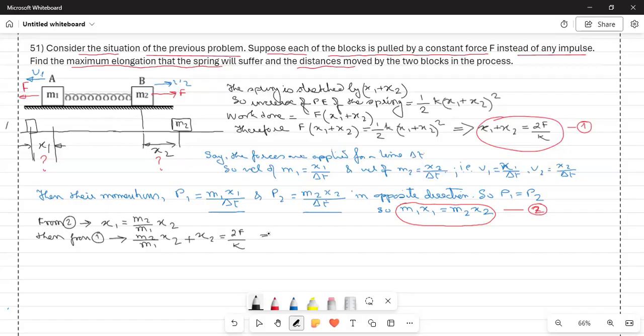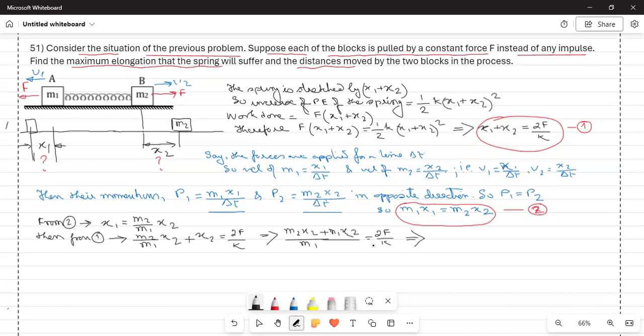From here we get m2 x2 plus m1 x2 is equal to 2F by k m1.